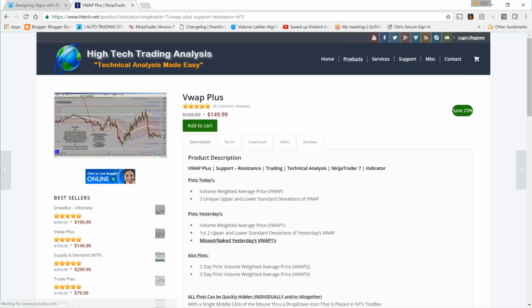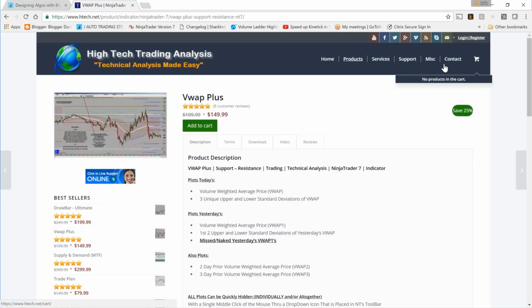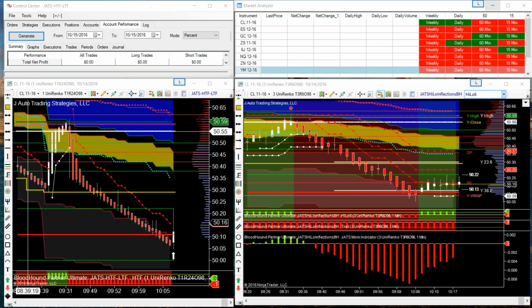And both of these, if you do purchase them from these vendors, make sure you contact them before you purchase and tell them that you want the Bloodhound plots exposed and that you use this with JATS Trading Strategies templates, and they will open these plots for you so that you can get signals and code your own Bloodhound templates.